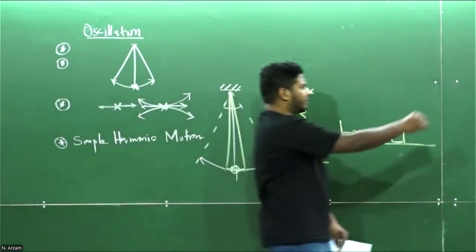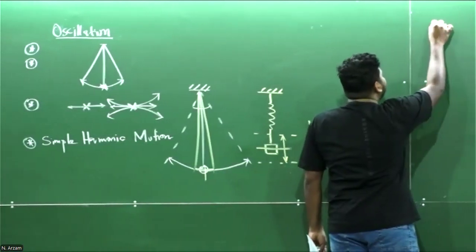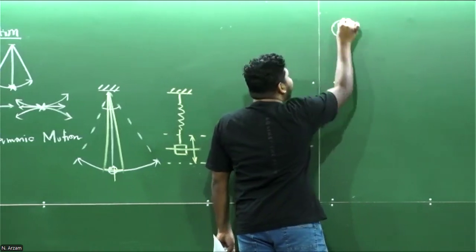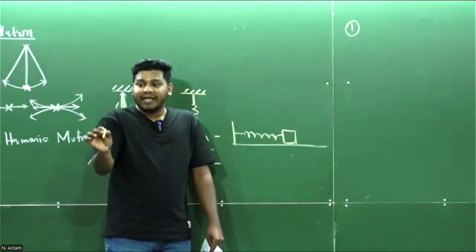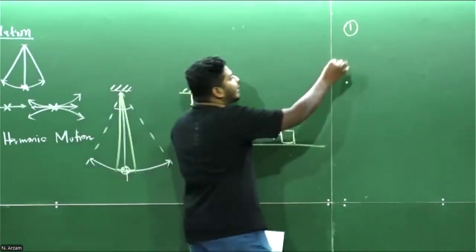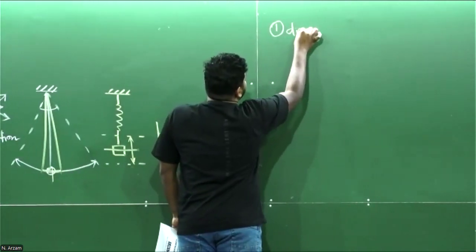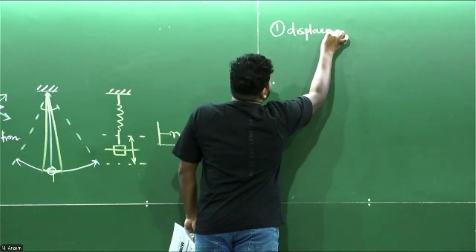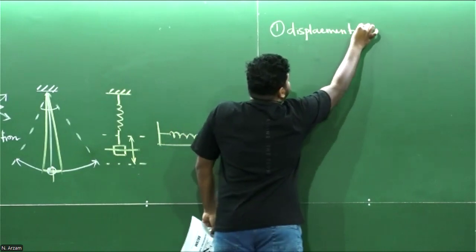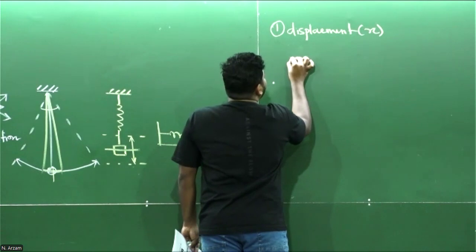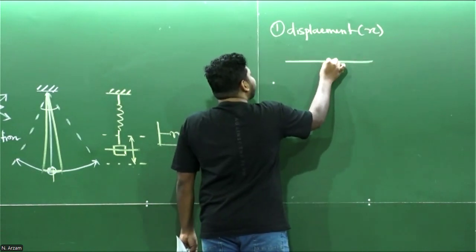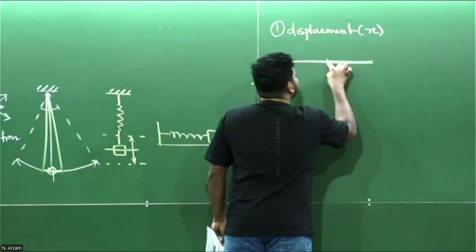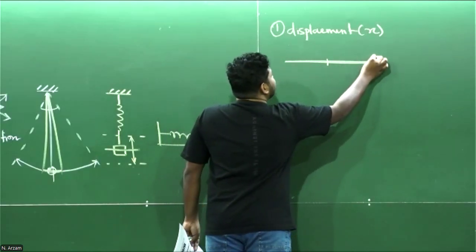Then we moved to physical quantities related to simple harmonic motion. What is the first physical quantity? Displacement, x. If a particle is moving in simple harmonic motion, this is the fixed point.